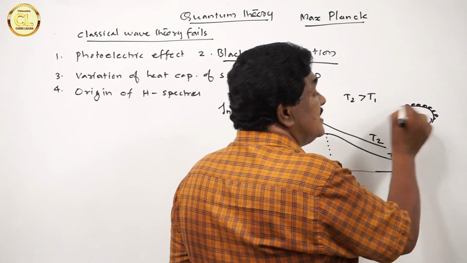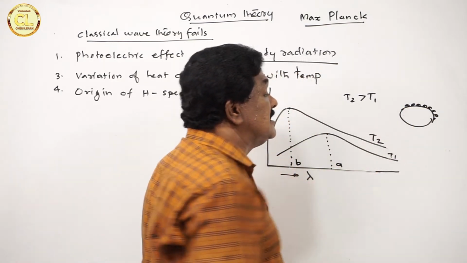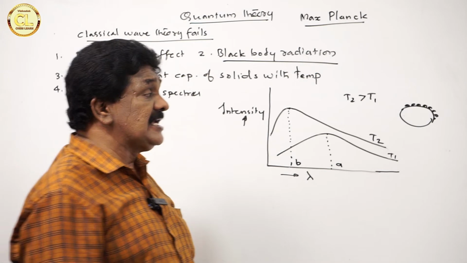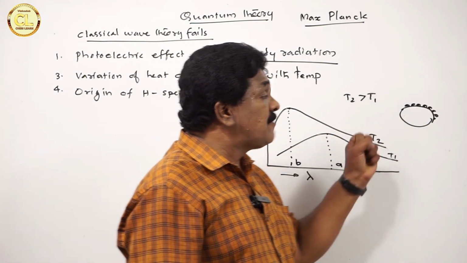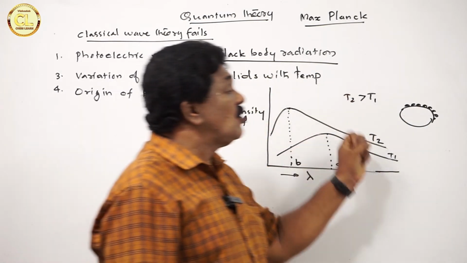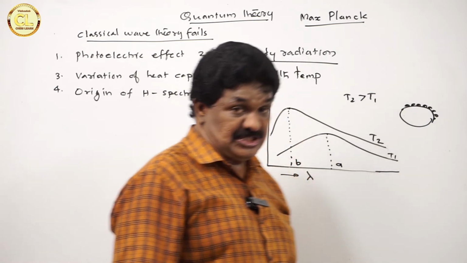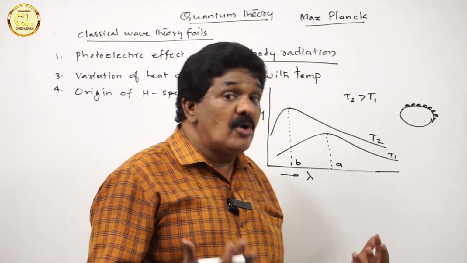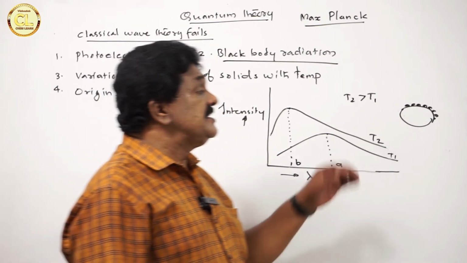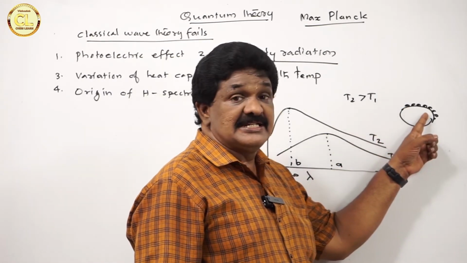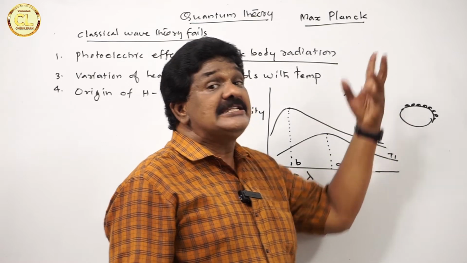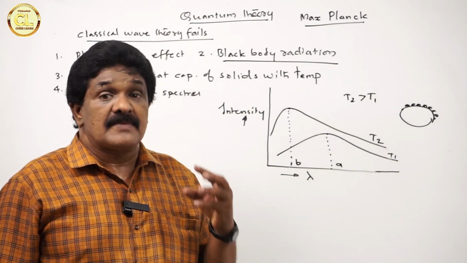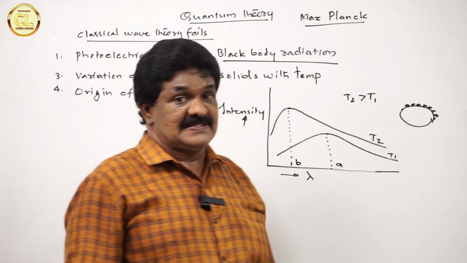That is, these atoms on the surface of the black body are responsible for the absorption and emission of the radiations. And the change in intensity of the black body radiation is due to the interaction of these oscillators with the oscillators present in the radiations.